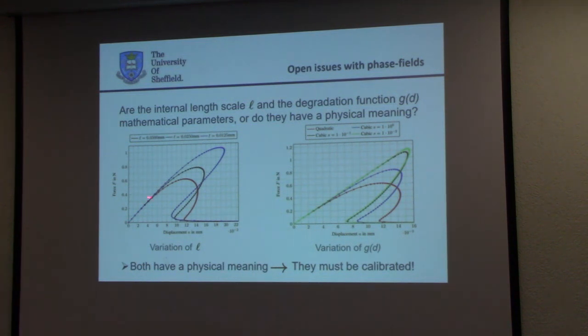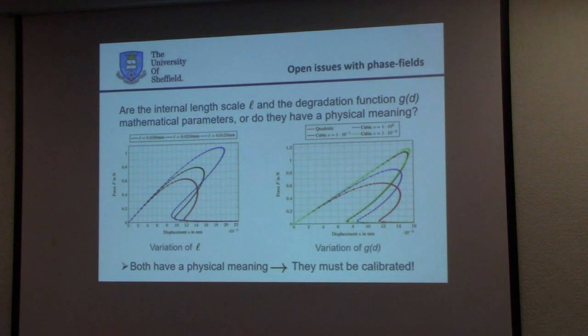Now, if you do a simulation with that and vary L, you see that for a large L you have this red one. You have a rather low peak load and a ductile behavior. For a smaller L you get this, the black curve, and for a low L you get the blue curve.